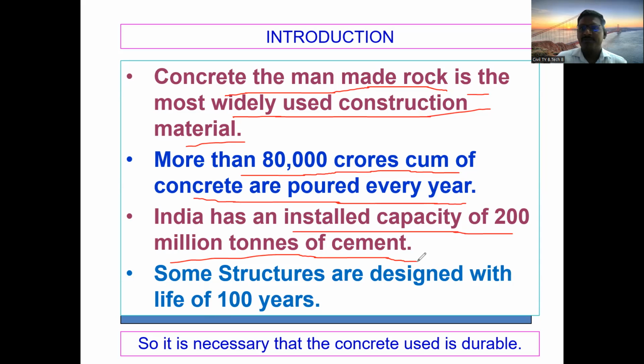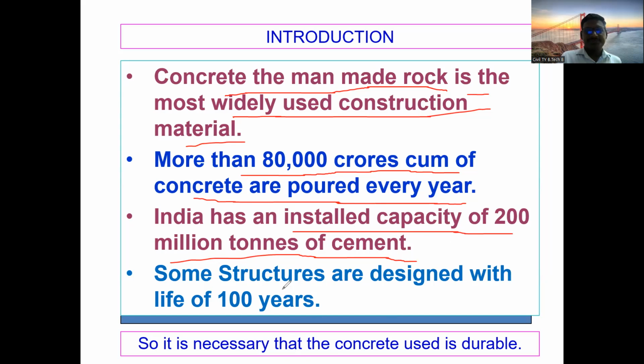A huge amount of cement we are manufacturing in the overall world, and our rank is second in the world. So why is cement required? For making concrete, cement is required. So 200 million tons of cement we are manufacturing in a year in India.